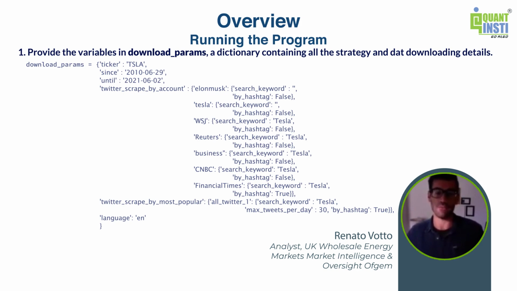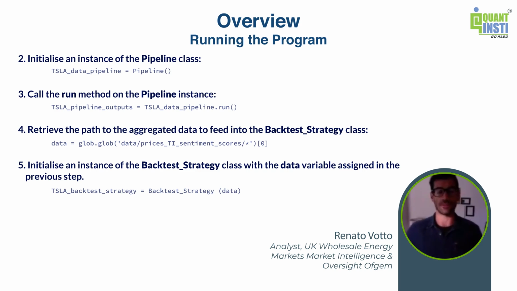And then we go ahead and we have a few methods that will basically exploit the whole program. The first thing you do is to initialize a pipeline, which is a directed acyclic graph in this case, where all the functions get pushed in, and each function output will feed the next function input. So you initialize a pipeline, you call the run method of the instance of the pipeline, which is our third step.